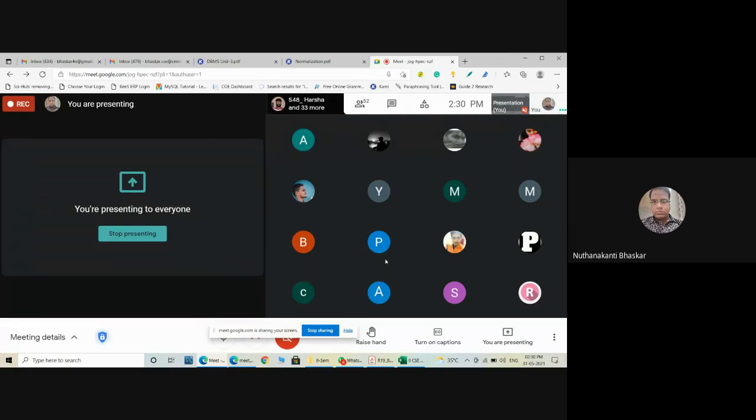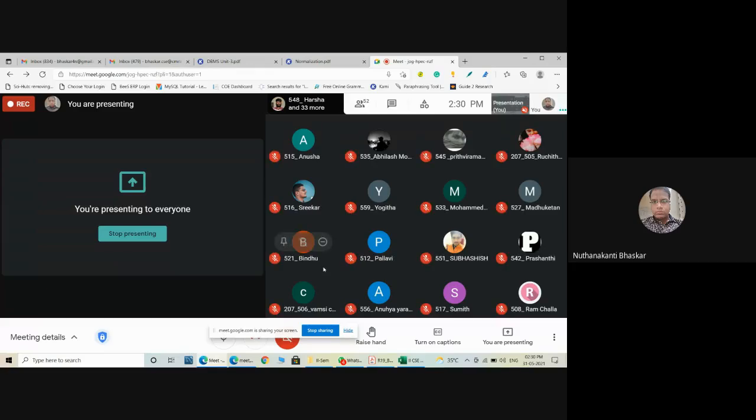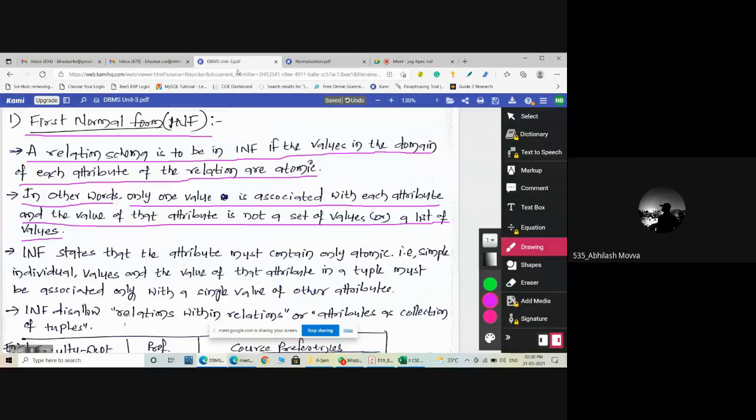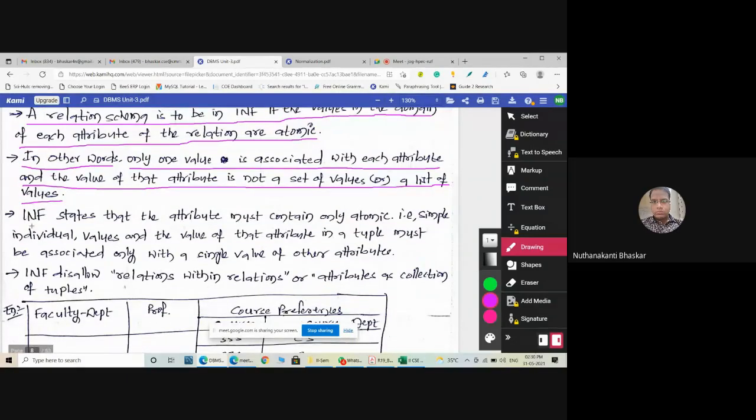Understand? Already you know the ER model. All of you clear? Now, 1NF states that the attributes must contain only atomic, that is simple or individual values, and the value of an attribute in a tuple must be associated with only a single value.